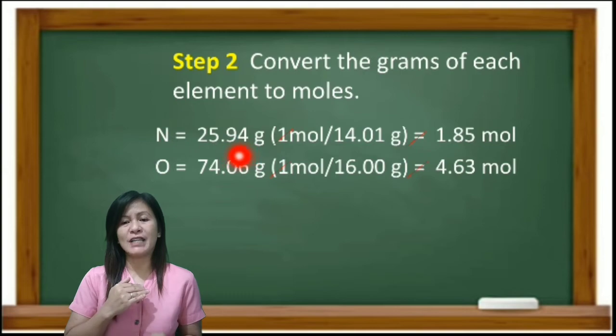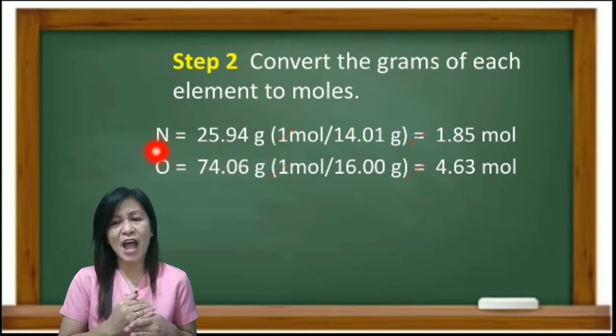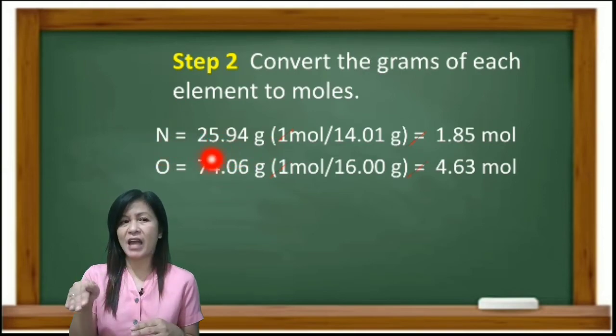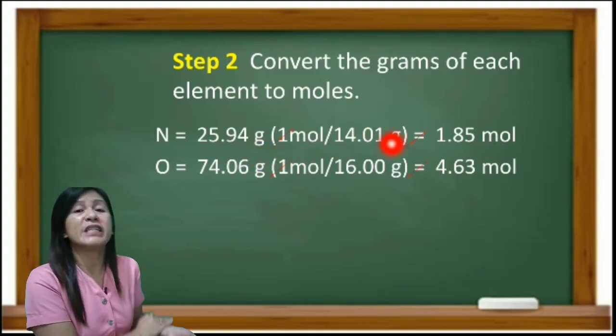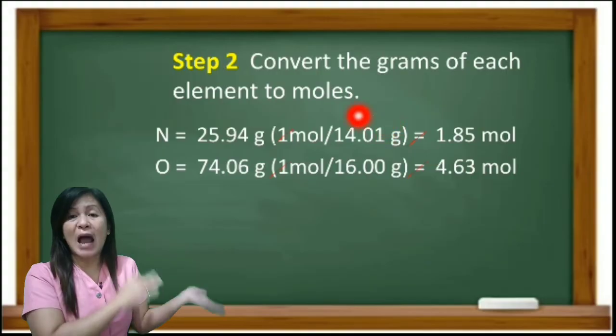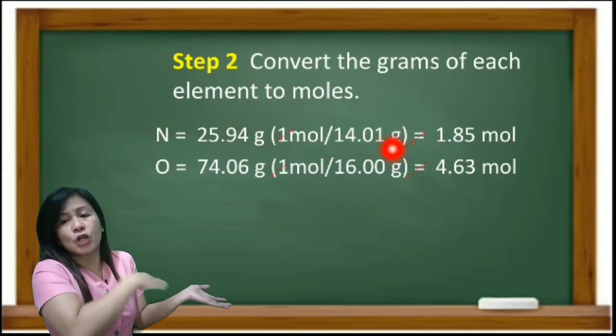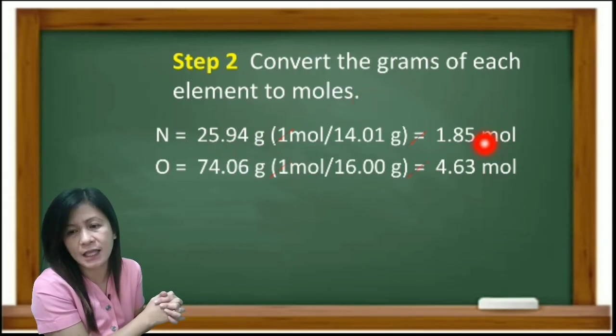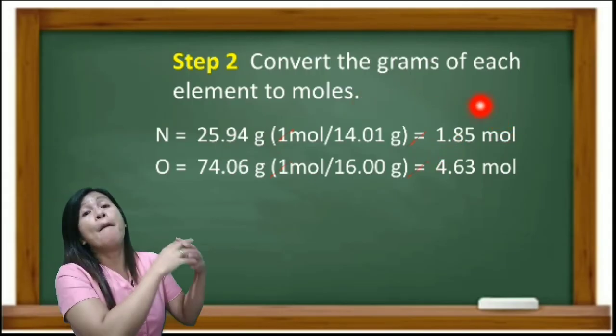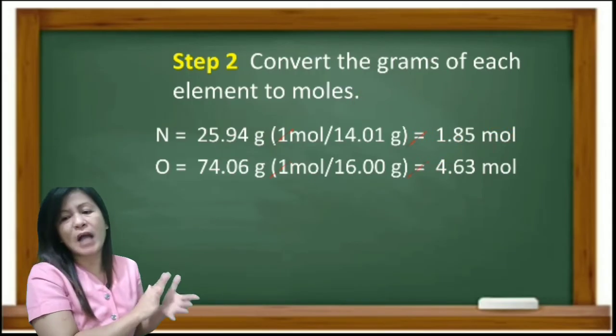For nitrogen, the given mass is 25.94 divided by the molar mass of nitrogen from the periodic table, 14.01 grams. You cancel gram, so you will get the unit mole, and the answer is 1.85 mole.